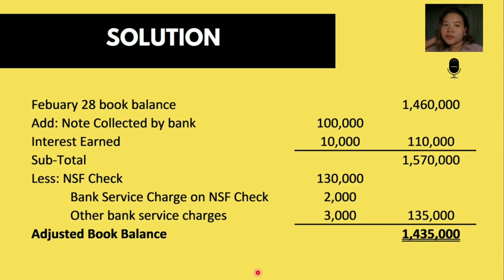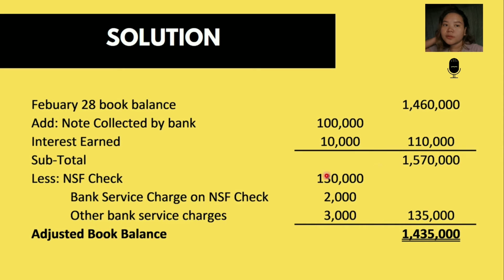To get the cash balance per statement, we must first compute the adjusted balance to conveniently get the answer to the problem. So the book balance for February 28 is 1,460,000. Then, we need to add notes collected by the bank, which is 100,000, and 10,000 interest earned. And the answer is 110,000. Add it to the book balance, so its subtotal is 1,570,000.